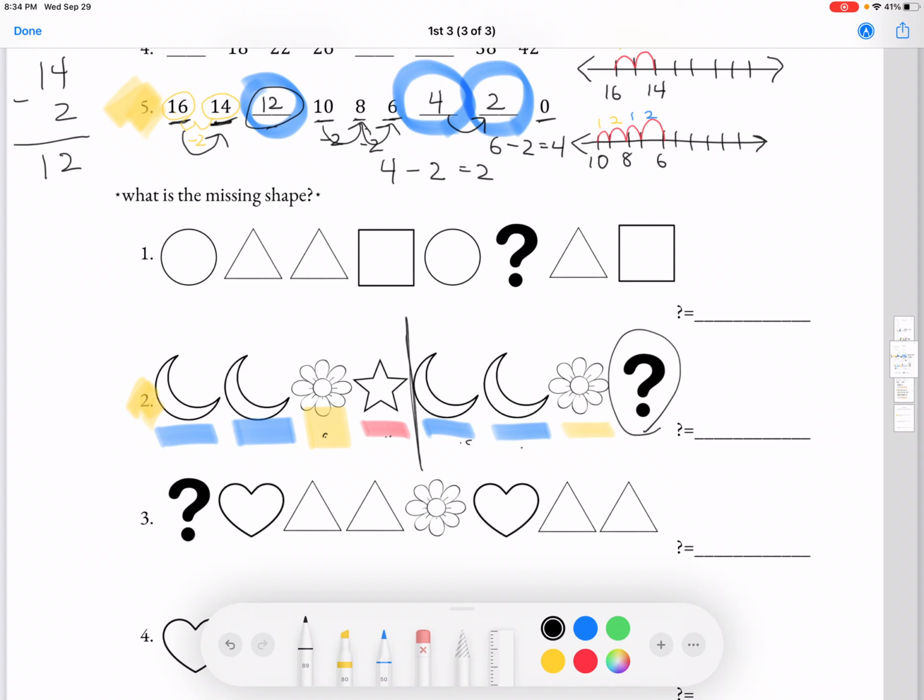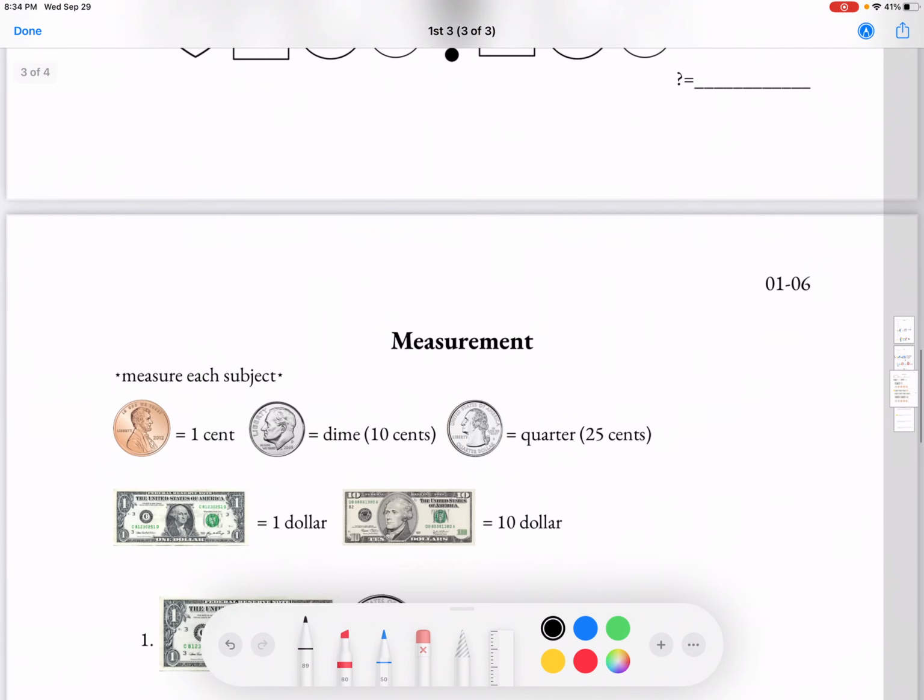So we have 2 moons again, and then we see another flower. Then what comes next? The star comes next, because it's going in the same order. The star is the missing shape.